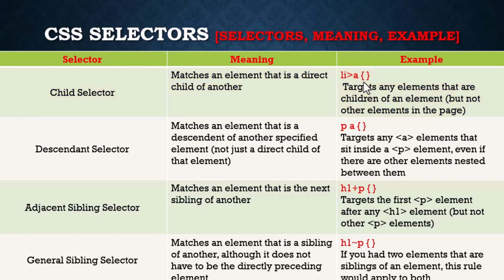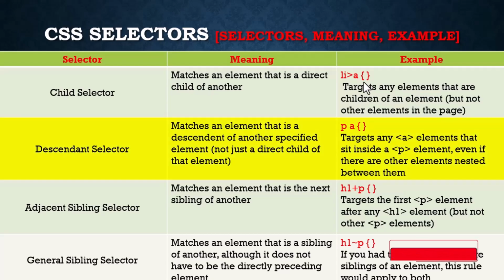Apart from child selector, we also have descendant selector. This matches an element that is a descendant of another specified element, not just a direct child of that element. For example, inside the paragraph, there's a descendant, which is what? An anchor.